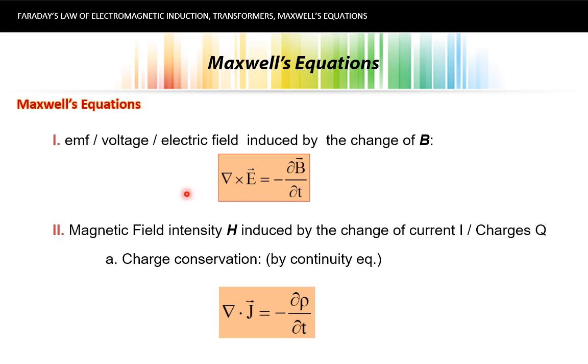And the second important equation is that magnetic field intensity H is induced by the change of current I, or charges Q. This comes from the following two equations. The first is charge conservation, or the continuity equation, where divergence of J is equal to minus del rho over del t.